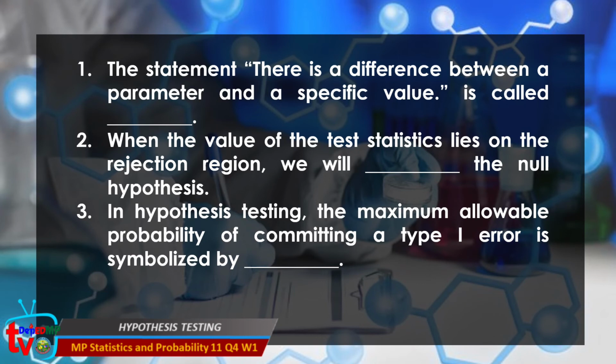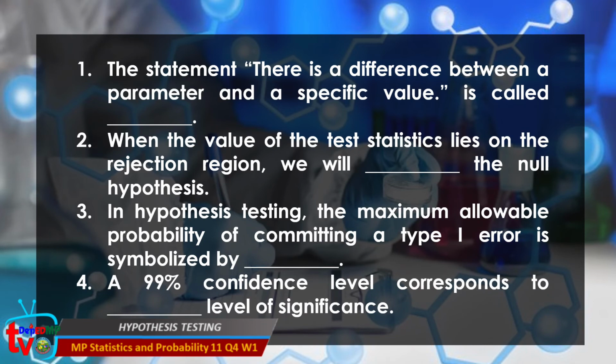Number 3. In hypothesis testing, the maximum allowable probability of committing a type 1 error is symbolized by blank. Number 4. A 99% confidence level corresponds to blank level of significance. Continue answering the remaining items.